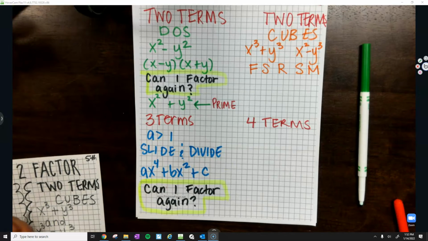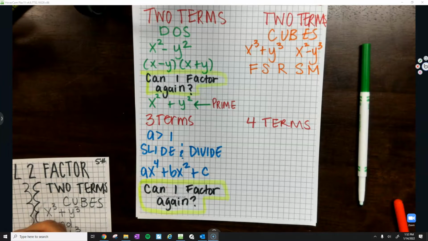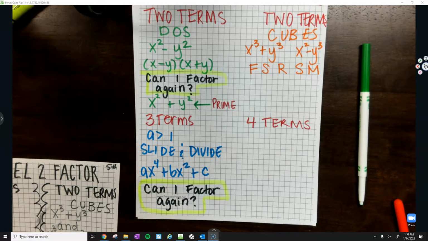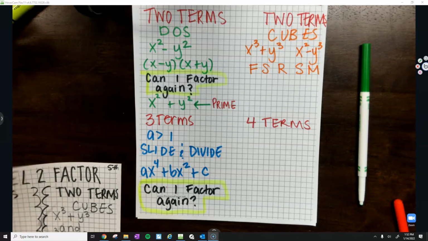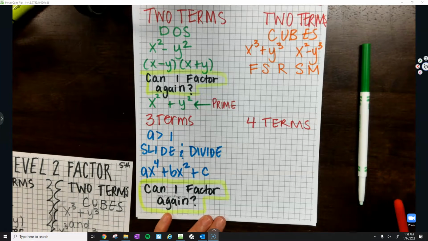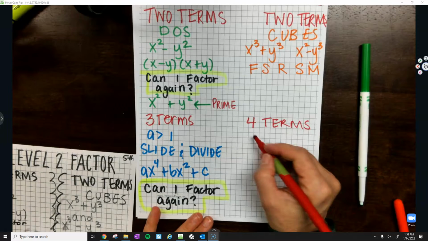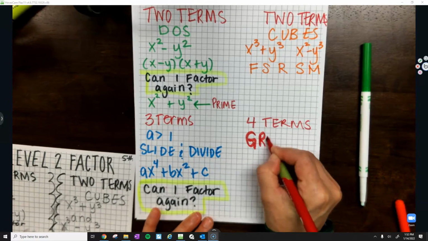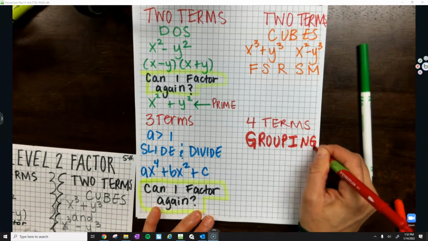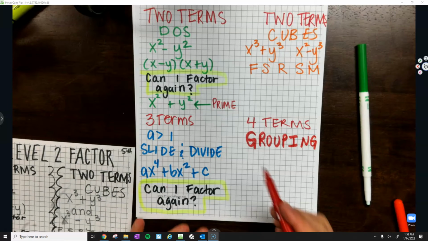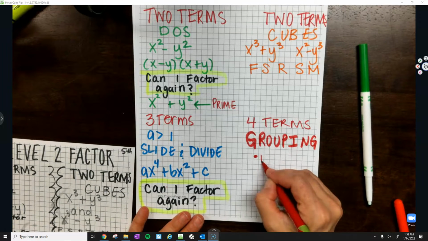All right, so the last category that you're going to have to do is when you have 4 terms. And y'all already know this, honestly. So for 4 terms, this is factoring by grouping. And remember, when you factor by grouping, it's in pairs.